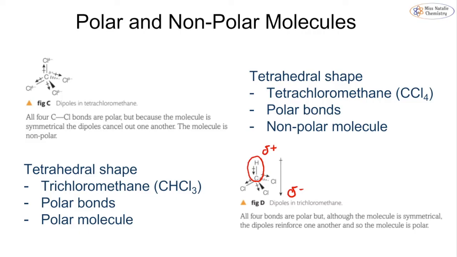We now have an overall dipole, and that's what this here shows, that we have an overall dipole, showing that we have a more negative charge at the bottom. So this is a polar molecule.